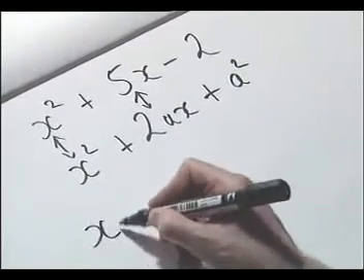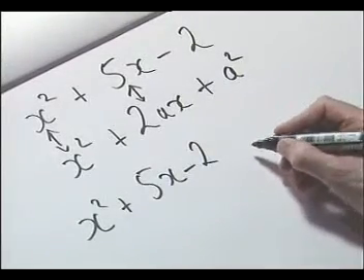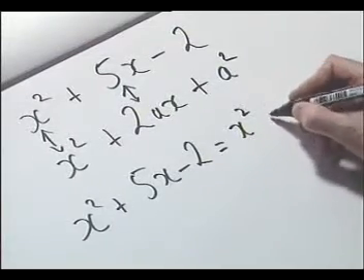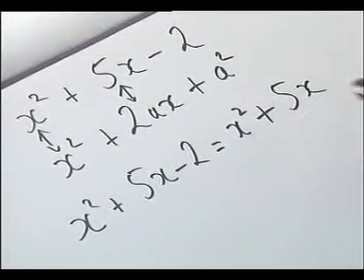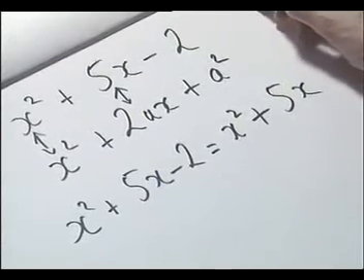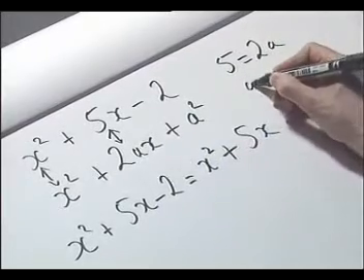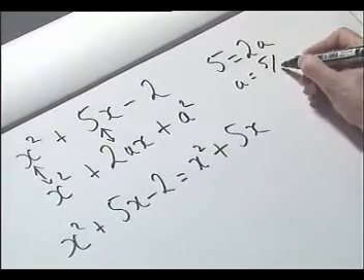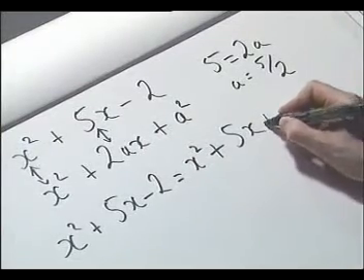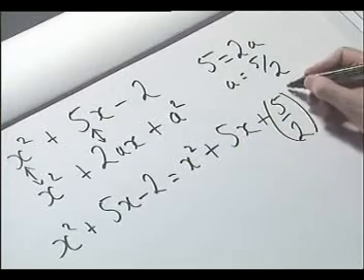So that x squared plus 5x minus 2 becomes x squared plus 5x, now plus a squared. Now we decided that 5 was to be equal to 2a, and so a was equal to 5 over 2. So to complete the square, we've got to add on 5 over 2 and square it.